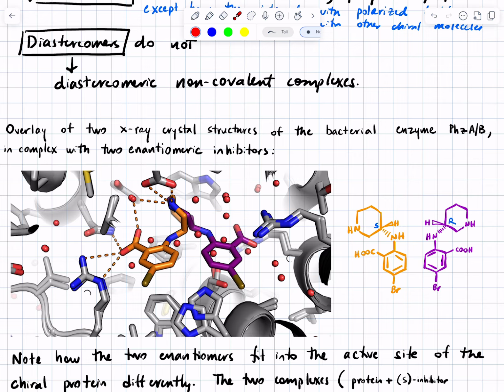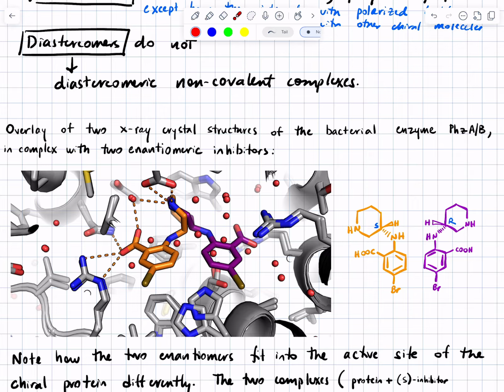Or an entirely different diastereomer. The right on right handshake is a pleased to meet you. The right on left handshake is sort of an enchanté kind of weird experience handshake, right? It's diastereomer situations, right?